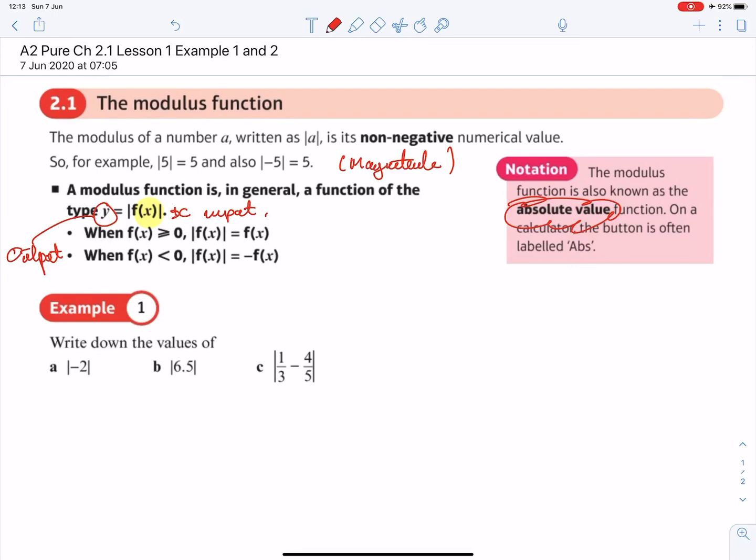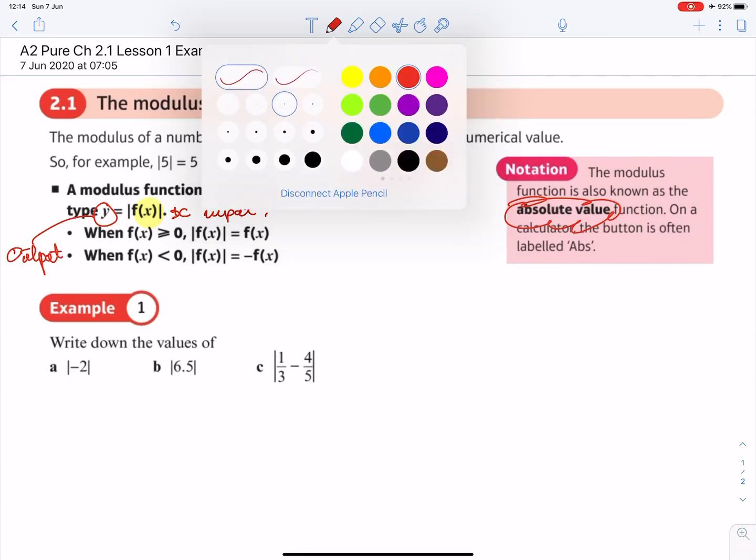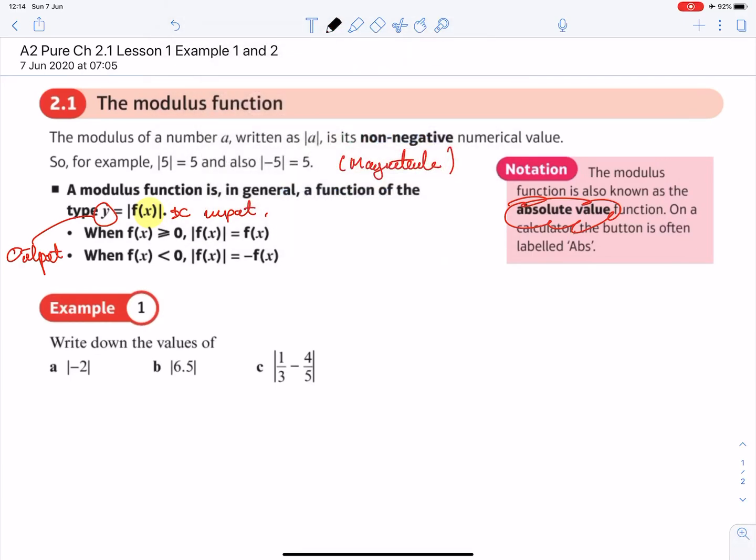So, we've got some examples down here. Example 1, part A. The magnitude or the modulus of negative 2. So you put in a negative value, but we want the magnitude or the size of it, so that's equal to 2. B, if the input is 6.5, then the output, we want the positive of that, is also 6.5.